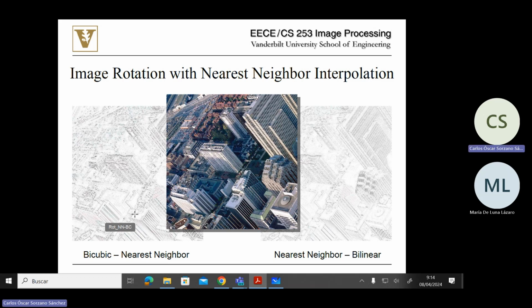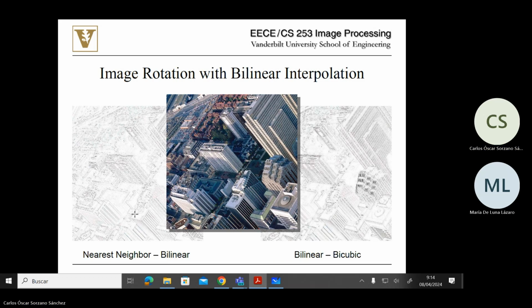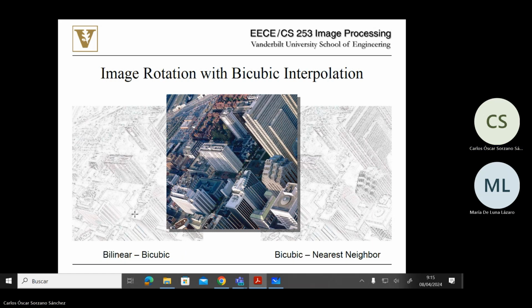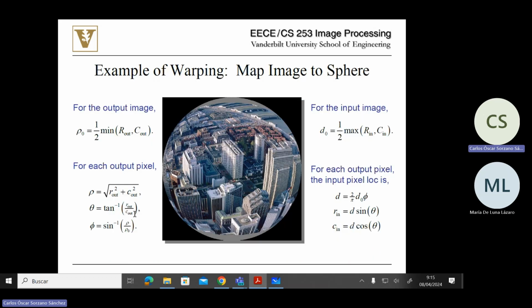The same for nearest neighbor minus linear. You can have this kind of comparison. The cubic is the most accurate, then the linear, and then the nearest neighbor. We have other comparisons here.